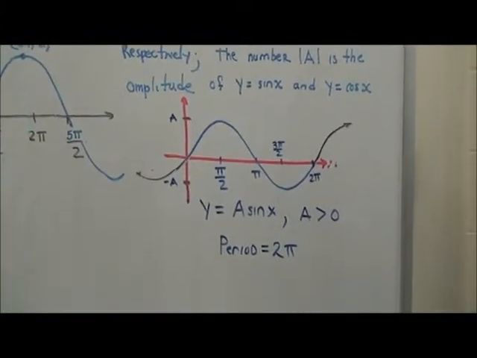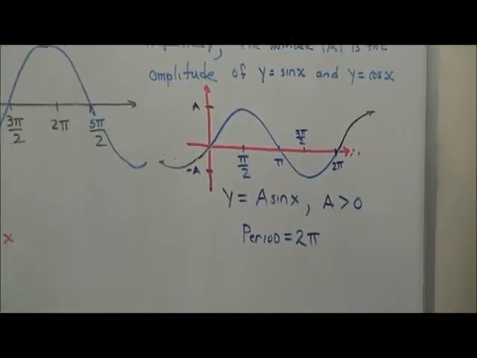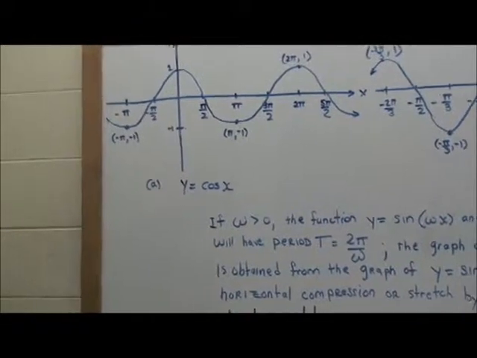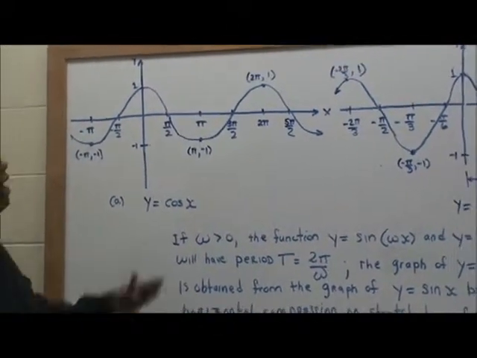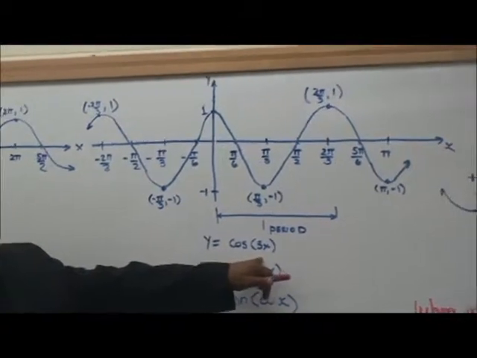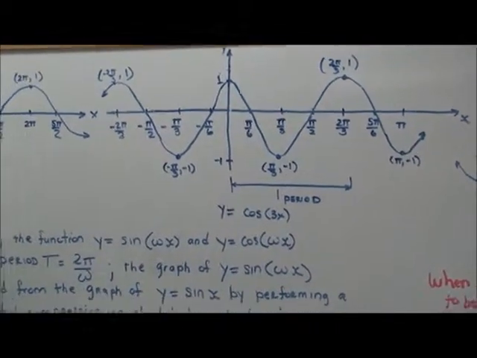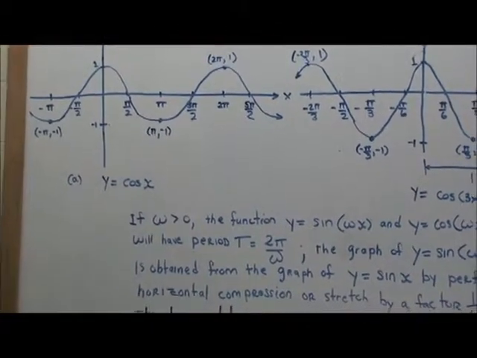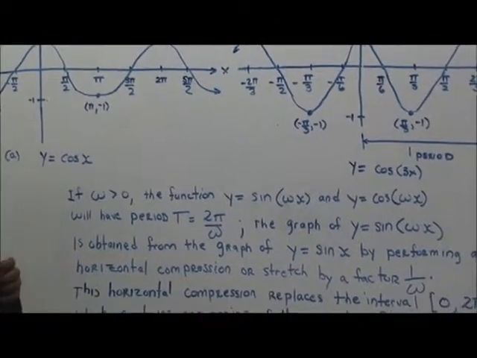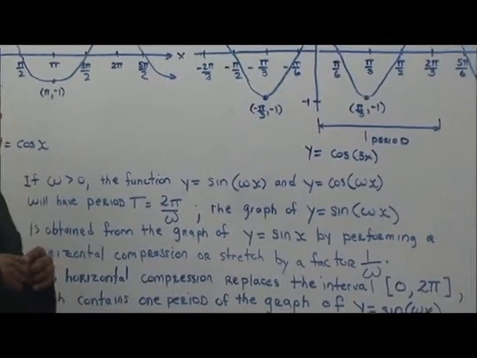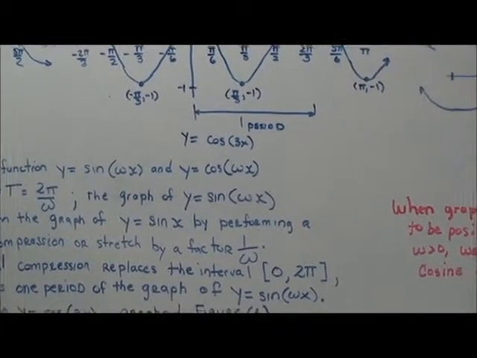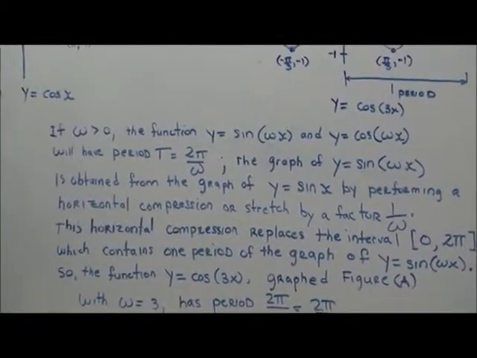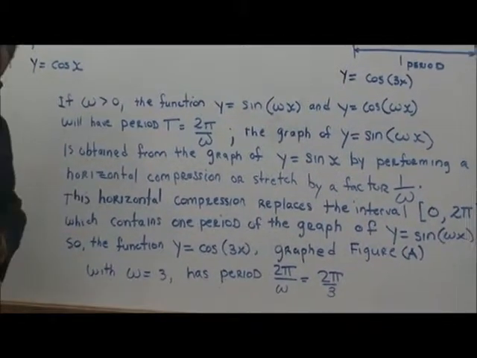And let's look at a few more things here with the graphs. We have y equals cosine x, as you see respectively. And then we have y equals cosine 3x, right? So we can say if omega is greater than 0, the functions y equals sine omega x and y equals cosine omega x will have a period T equal to 2 pi divided by omega.